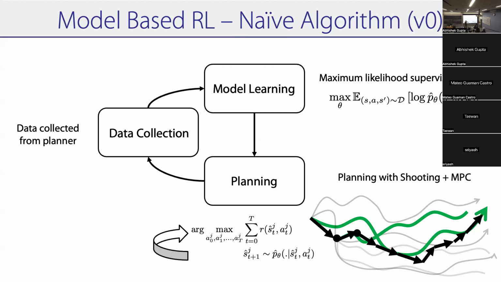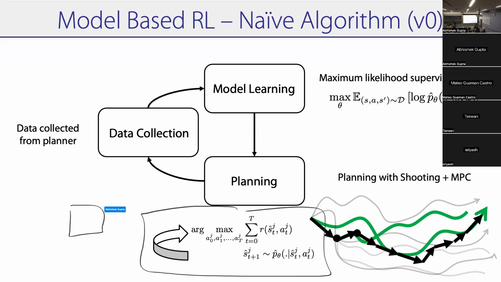This is kind of like a policy. You can think of this as an implicit policy, because this whole procedure is taking in a state and giving you an action to execute. So the thing is basically a policy: take a state, do this random shooting procedure, find the best one, take the best action.